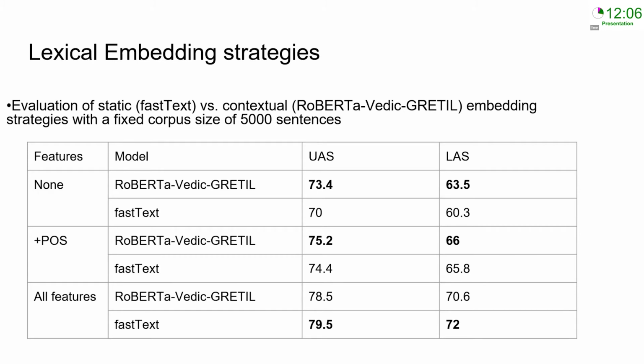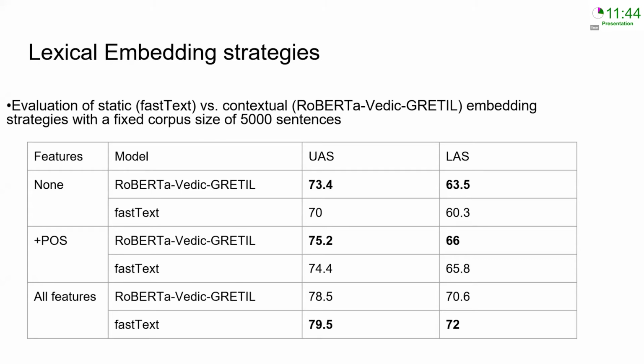And here our assumption is that this is probably because of the lack of training data for Vedic, because it's a comparatively small corpus and the transfer learning from Sanskrit into Vedic does not yield perfect results here. So we assume that this is the cause why contextual models for Vedic do not perform as well as expected.